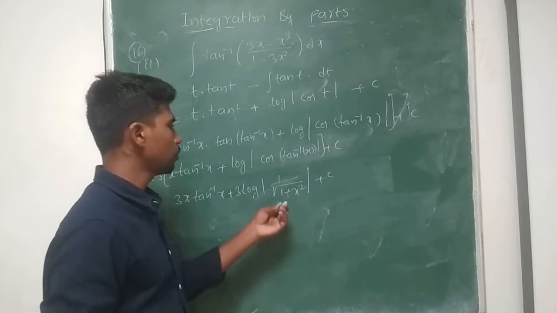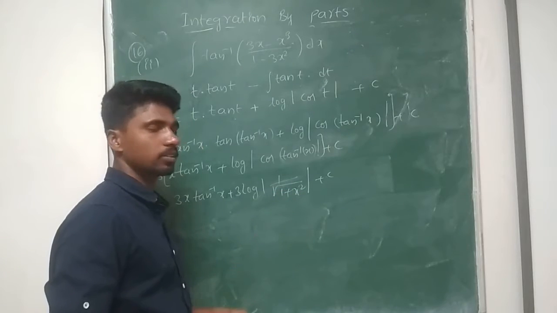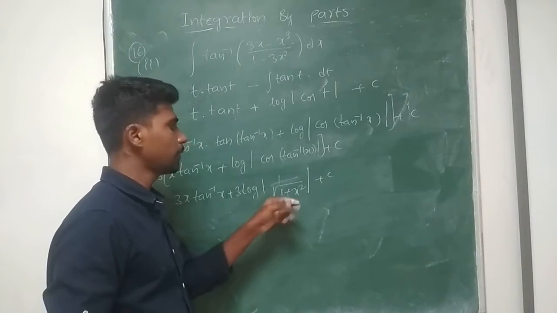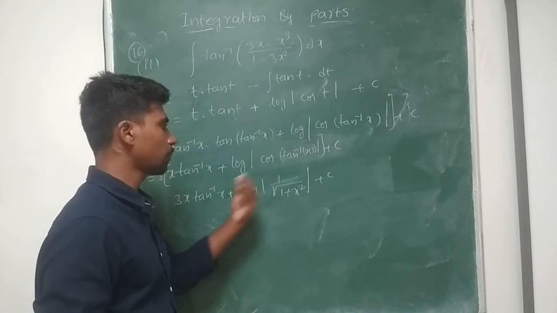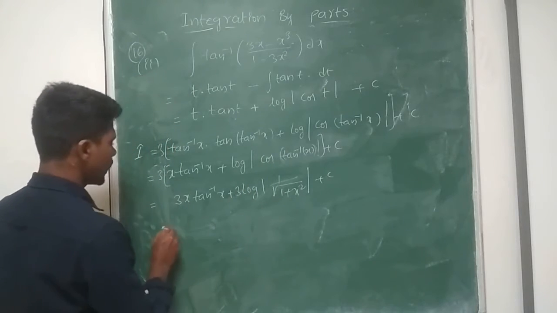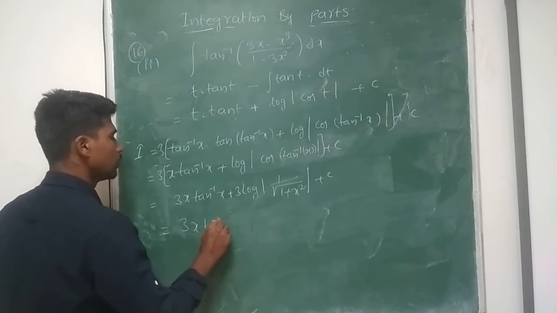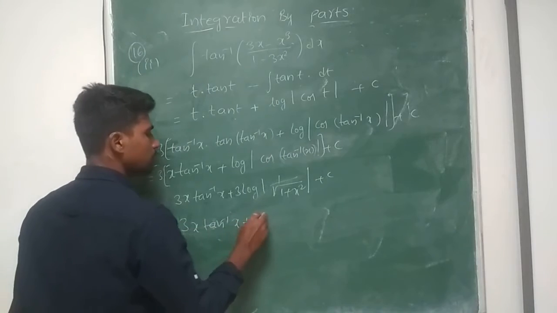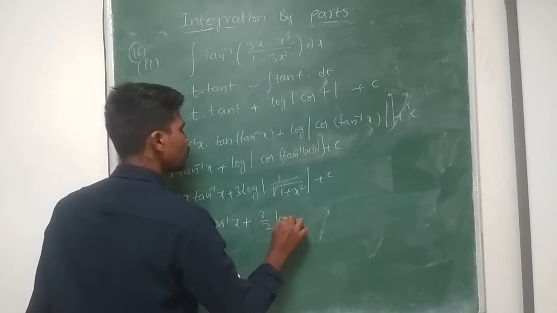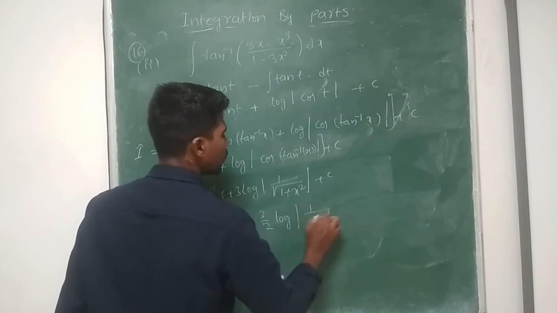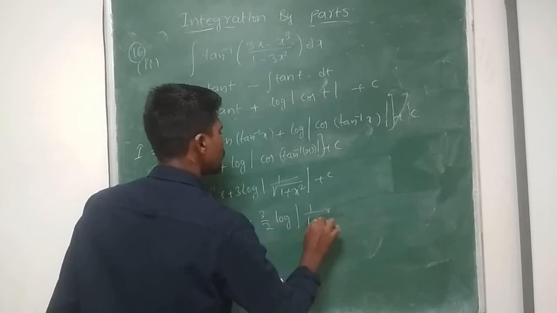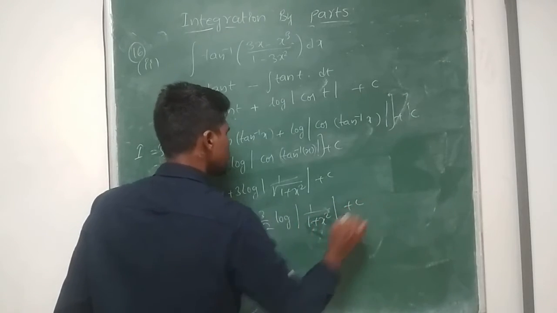If you don't want to use it in terms of 1 plus x square under root, the root can be written as the whole power 1 by 2, so that 1 by 2 can be taken out. So we can write the answer as 3x into tan inverse of x plus 3 by 2 log modulus of 1 by 1 plus x square plus c.